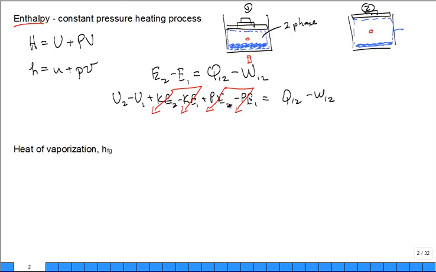But do you think there's a change in the internal energy? If I put a thermometer in here and I measure the temperature, and I put a thermometer in here and I measure the temperature, will they be the same temperature or will they be a different temperature? I'm going to pause here because I want everybody to answer that question on a sheet of paper, and I will walk around and look at your answers.